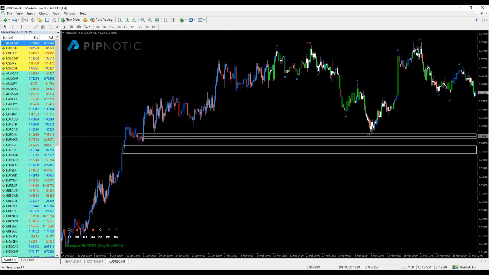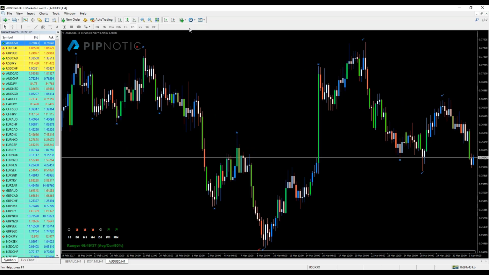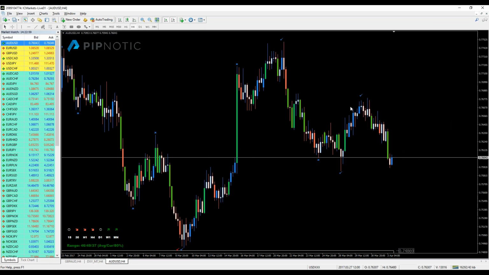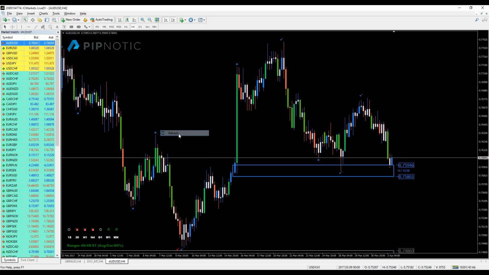And normally I do this by looking at wicks. This is kind of the shortcut that I like, but you don't have to. You can do something else. But the reason I like the wicks is because you can see that we had this area of accumulation here.